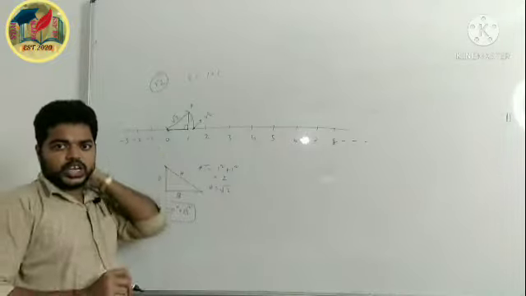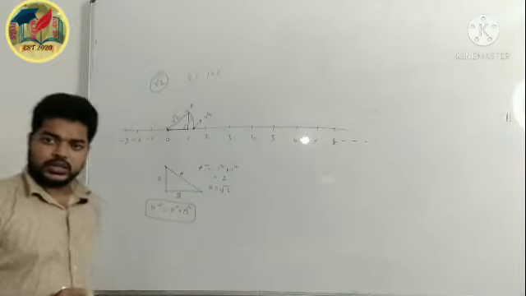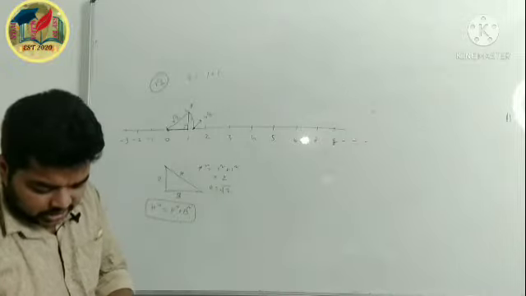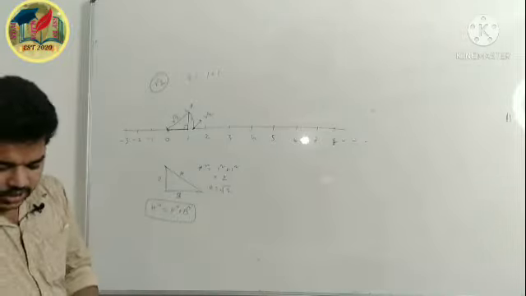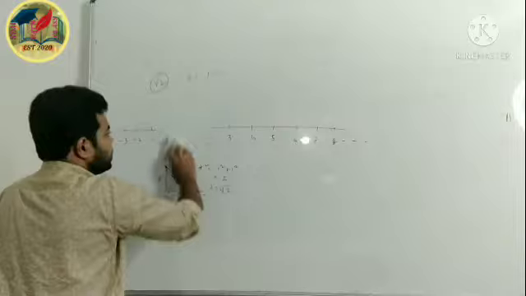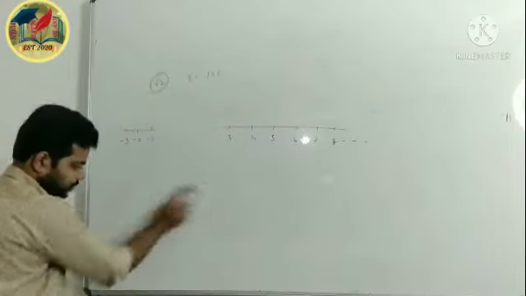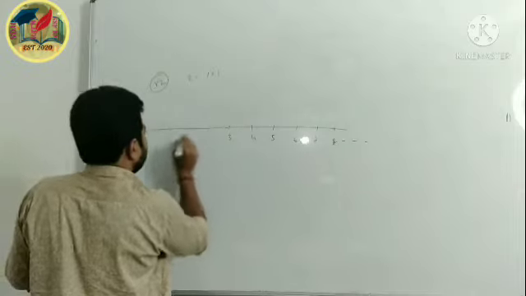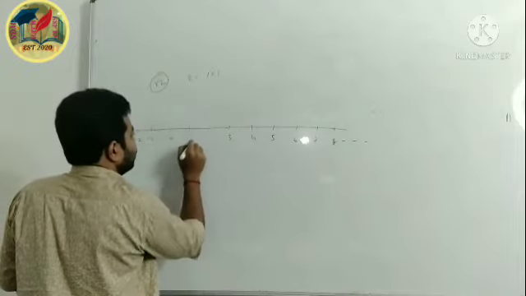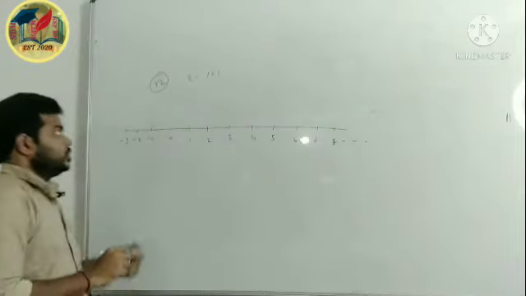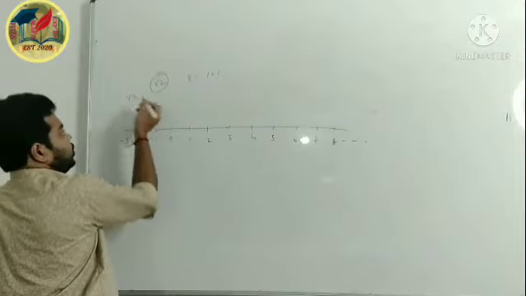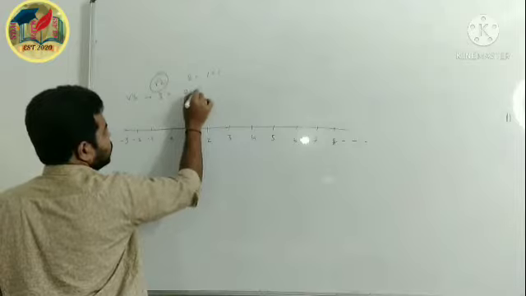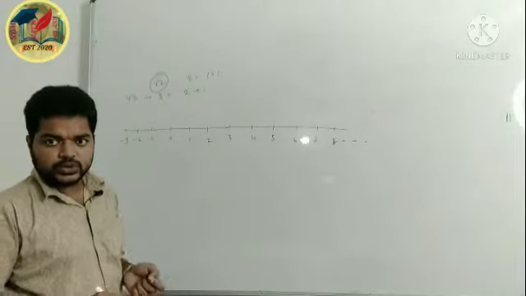So root 2 lies between 1 and 2. Clear? Now if we want to represent root 3 on the number line, how can we represent it? In a similar way, 0, 1, 2, root 3. Root 3, the 3 can be expressed in the form 2 plus 1, clear?